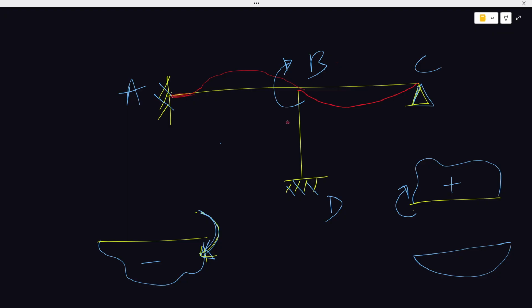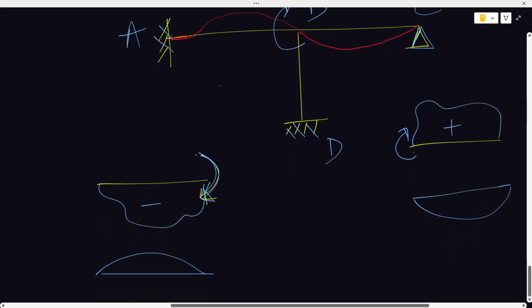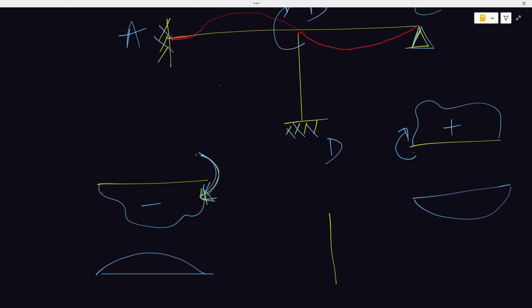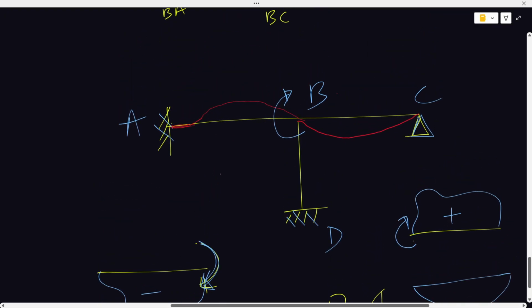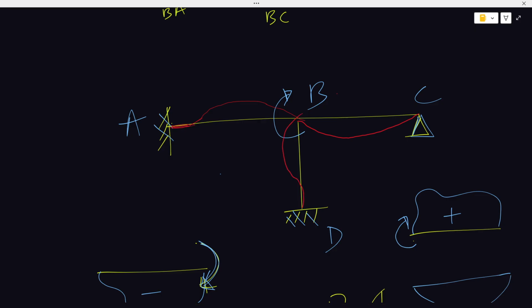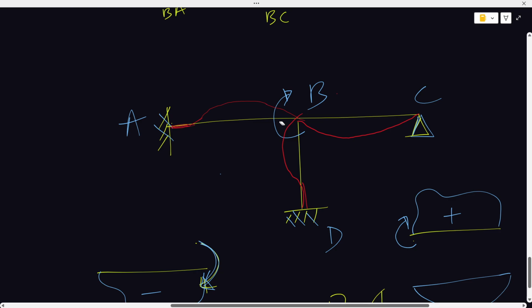Likewise for BD, I'll be having a bending moment like this. Let's say this is my Y positive axis. So I'll be having a frowning face for my elastic curve in that direction, using red once again, I'll be having this. So that is just it. That's what we should know now.